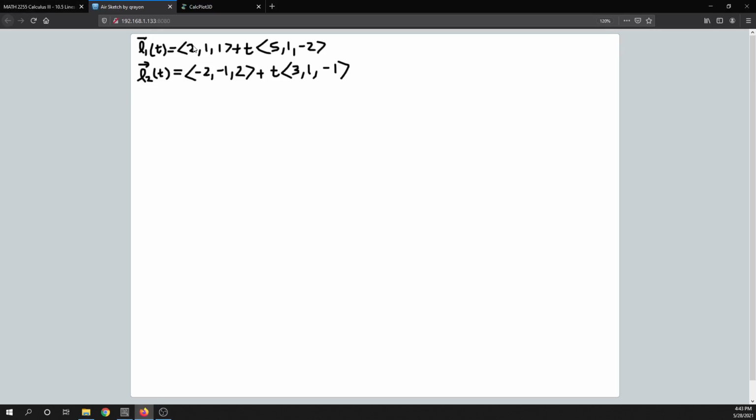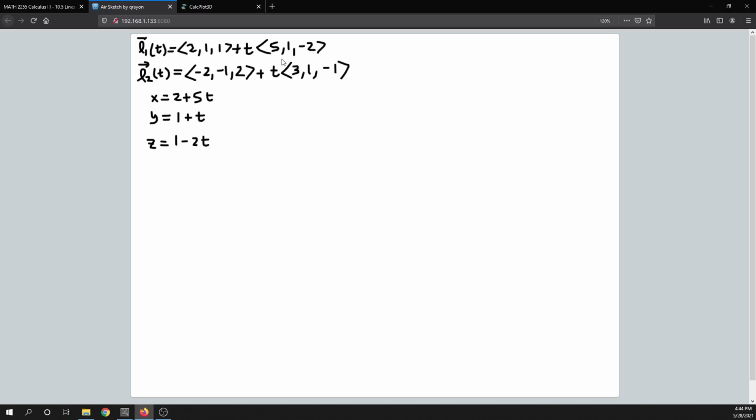Okay, so the first one is going to be x equals 2 plus 5t, y equals 1 plus t, and z equals 1 minus 2t.